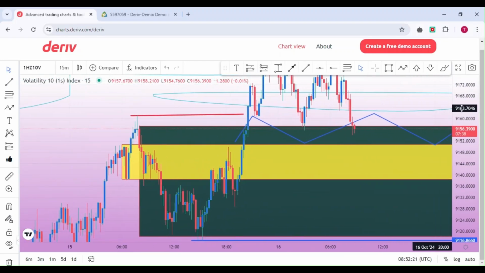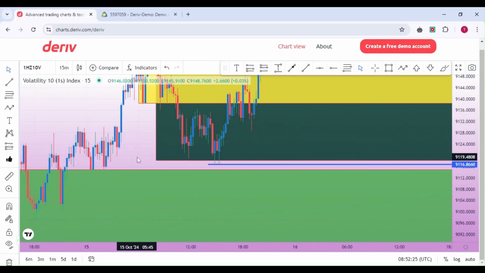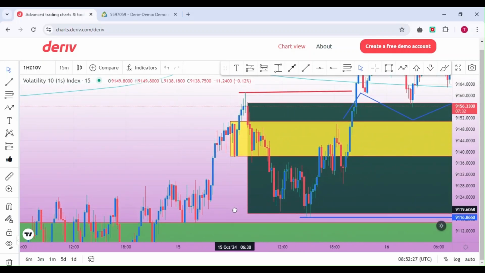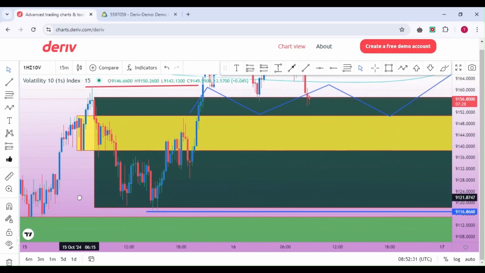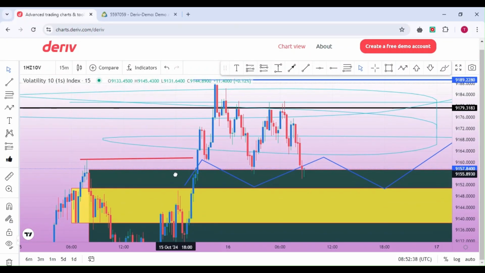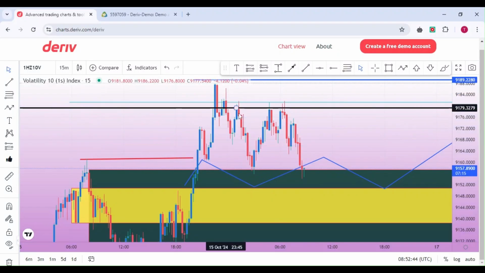So you can see the market was moving up as we had discussed, creating higher highs and higher lows, creating higher highs, higher lows. Then let's first erase this.